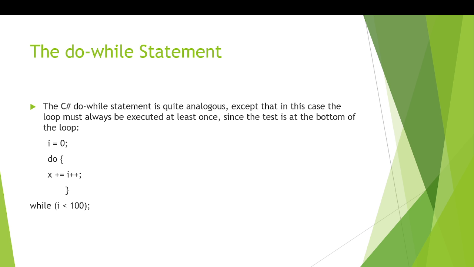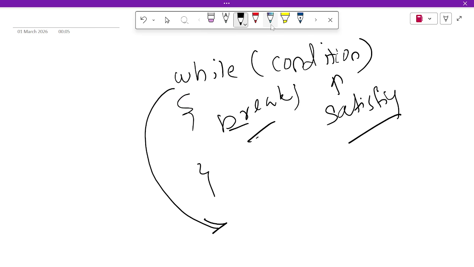If the condition is satisfied, it will repeat. The do while loop must always be executed at least once. It first executes once, then checks the condition. If the condition is false, it will have executed once. You can have a simple syntactical reference here for how do while works.